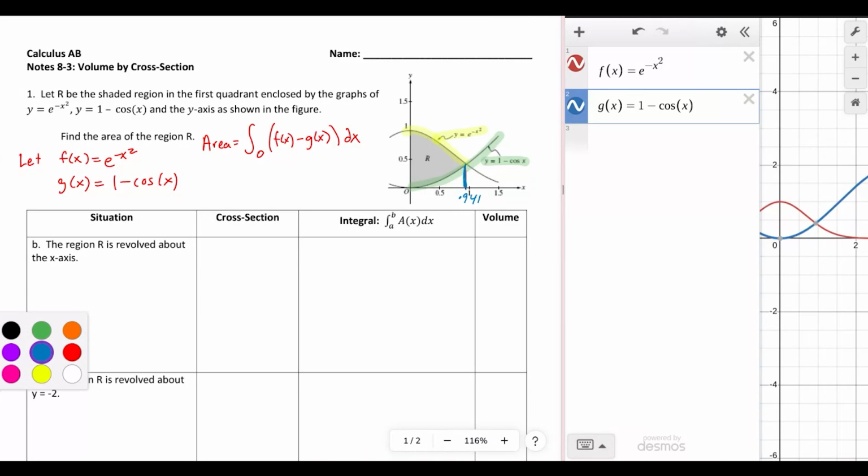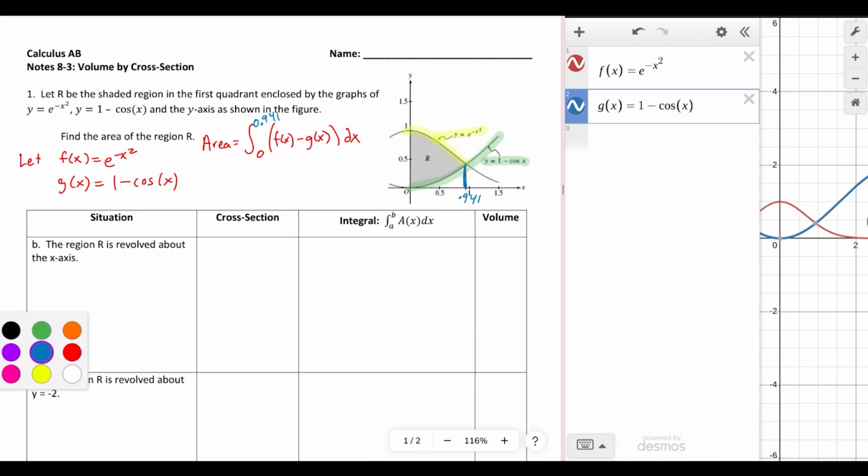This x value right here. So that's going to be our upper bound, 0.941. And if you want to give that a name too, you're welcome to do that. If you want to call that A, so you don't have to write it over and over again, that would be acceptable too. But yeah, so the area is going to be the region below the top function, but above the bottom function.